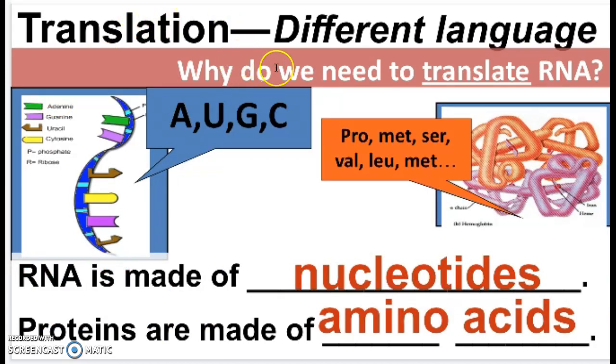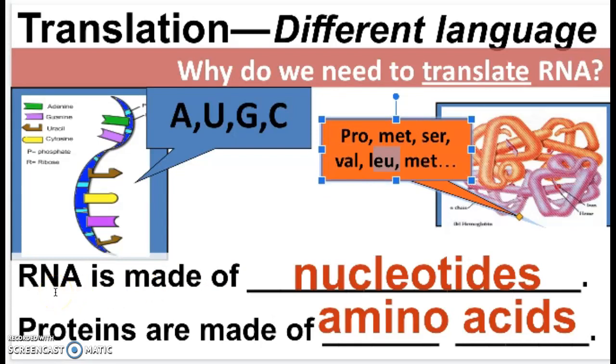So why do we need to translate? And so again, you have your mRNA, and the mRNA has these bases, and what we need to do is convert them into amino acids. So for every 3 bases, you make 1 amino acid. So proline is an amino acid, methionine is an amino acid, serine is an amino acid, valine, leucine, these are amino acids.